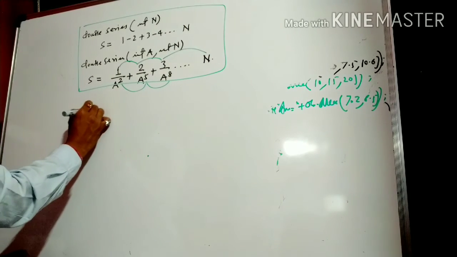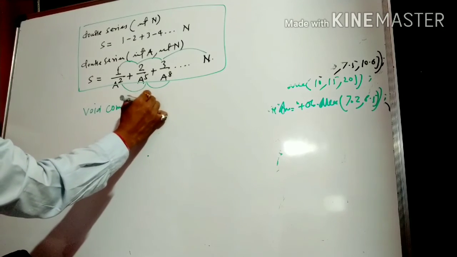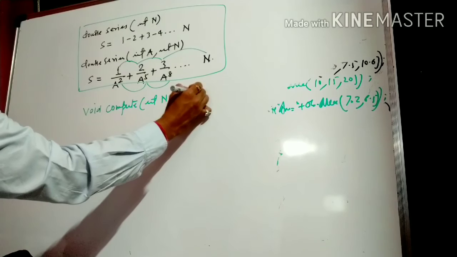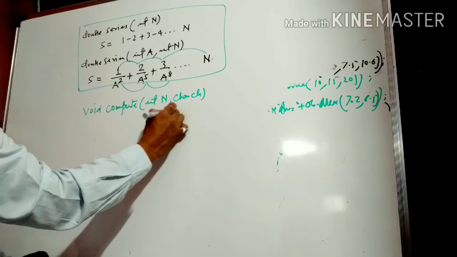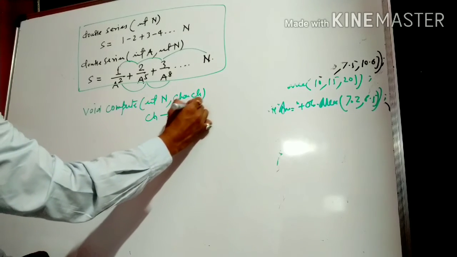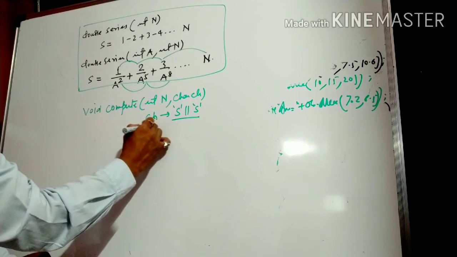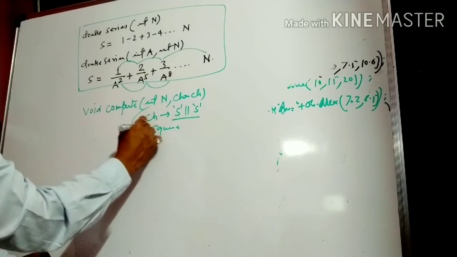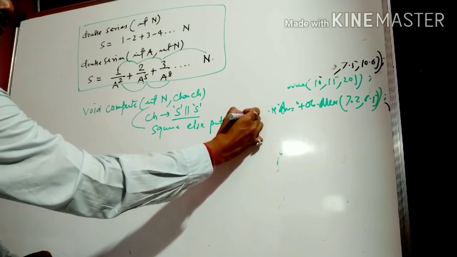This is a void. Here the method name is compute. Here is the integer n, and here is the character ch. One integer, one character. If ch is equal to capital S or small s, then print the square of that number, else calculate and print the cube of that number.